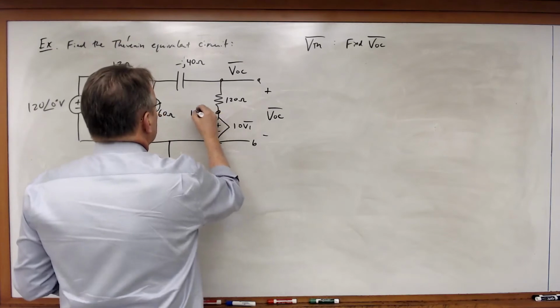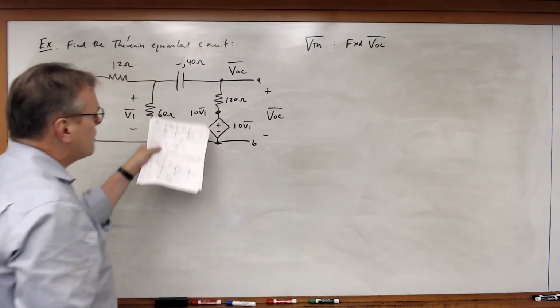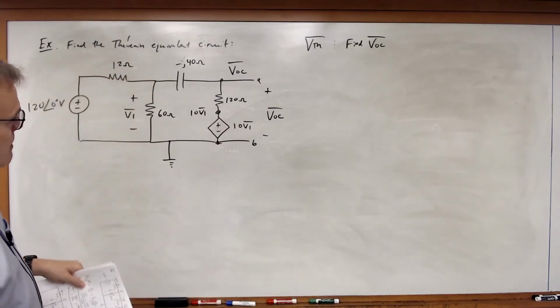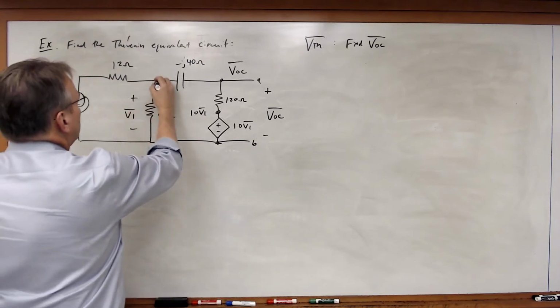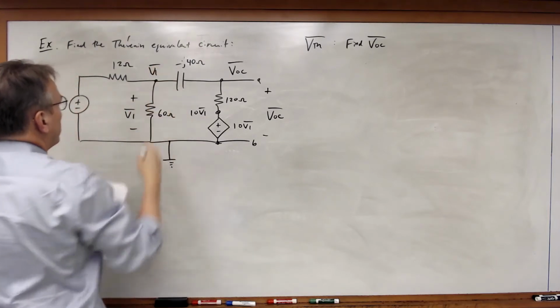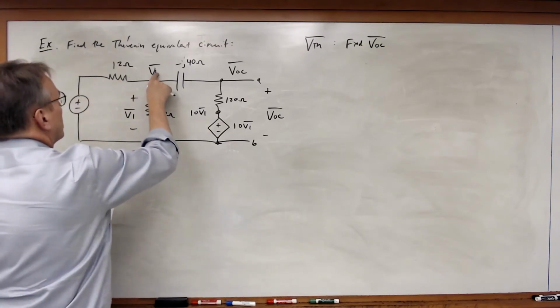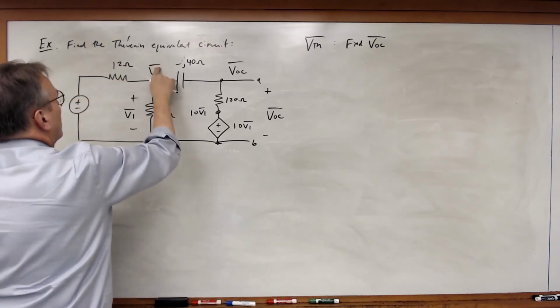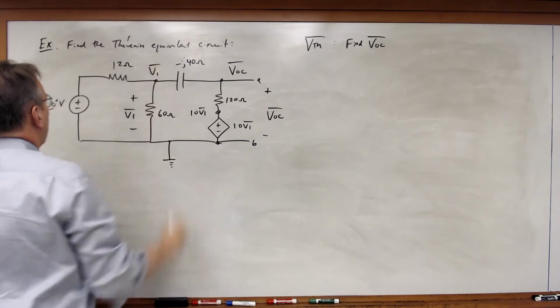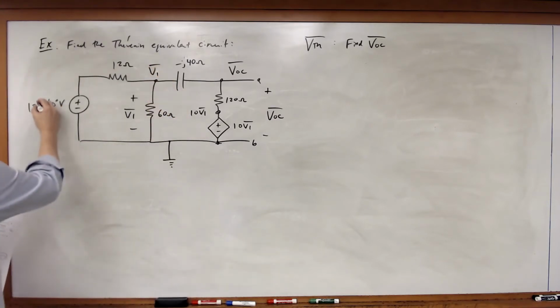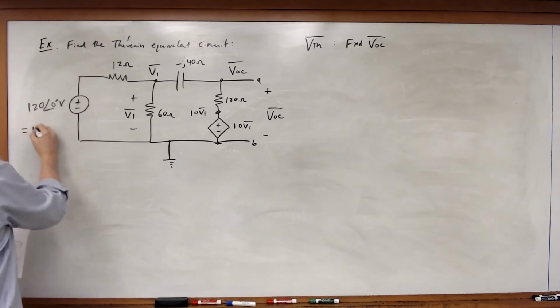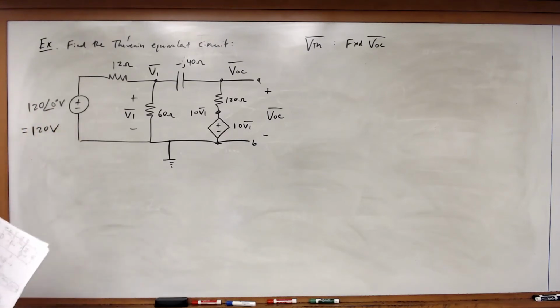This becomes 10V1 at that node because it's defined by that dependent source. V1, since the way I've defined V1, I can just call that node voltage there V1. And 120 volts at 0 degrees phase angle will be equal to 120 volts in rectangular form.